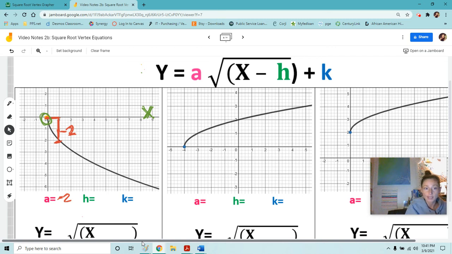That's at 0 on the x-axis. So I'm going to put in a 0 here. And then K is, where is the vertex on the y-axis? What does it line up with on the y-axis? We've got our y-axis here, and that lines up also with 0.